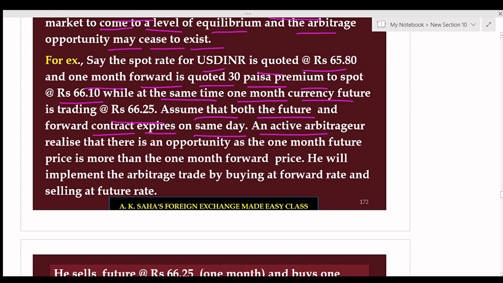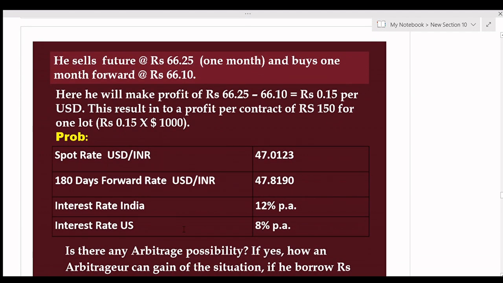An active arbitrager realizes that there is an opportunity as the 1 month future price is more than the 1 month forward price. He will implement the arbitrage trade by buying at the forward rate and selling at the future rate. He sells the 1 month future at the rate of rupees 66.25 and buys 1 month forward at the rate of rupees 66.10 per dollar.